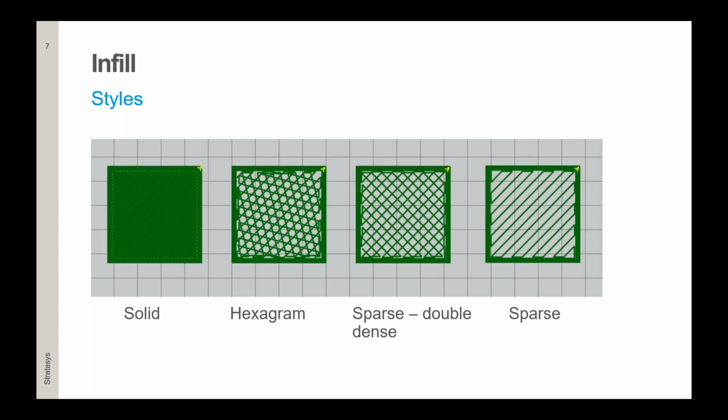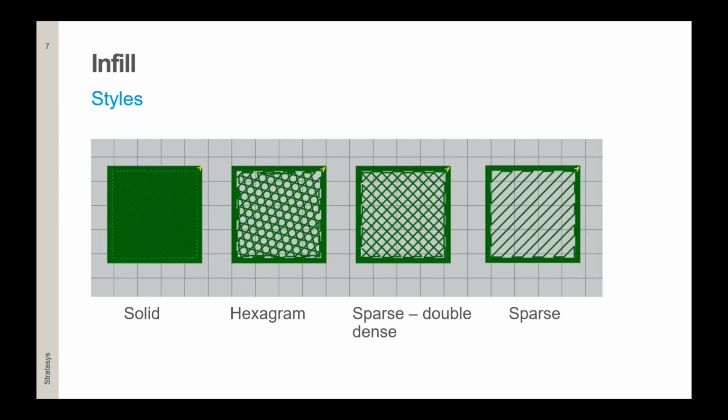Solid is best used for maximum strength, obviously, when the model is used for a long time or to take a lot of repetitive stress. Hexagonal is something like the best combination of strength and material usage. Sparse double dense is usually to print faster with also quite good strength, and the fastest printing time will be gained by using the sparse infill.